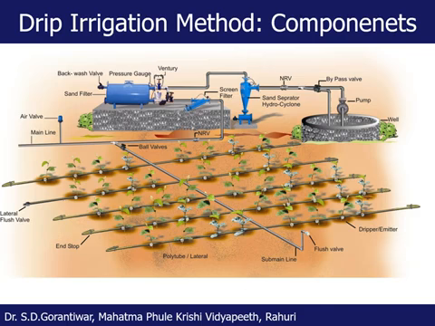As its name indicates, the hydrocyclone filter operates on the principle of centrifugal force. In this case the heavier particles, that is sand, are separated from water, but the lighter organic material cannot be. Therefore, to separate the lighter organic material such as algae, we have to use the sand filter, or this is known as the media filter.